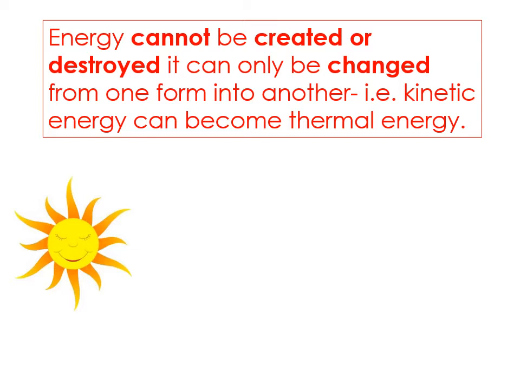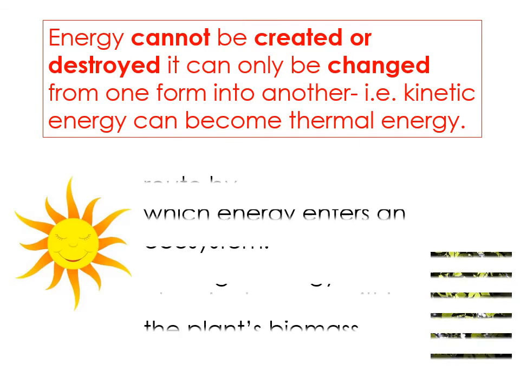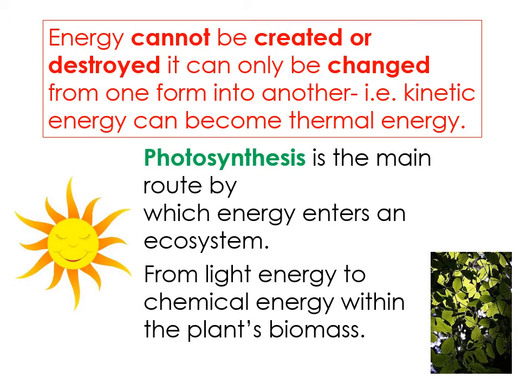Okay, so moving into your keynotes on page 4. Photosynthesis is, for ecosystems, the main route in which energy enters the ecosystem. It's during the process of photosynthesis that plants synthesize organic compounds.